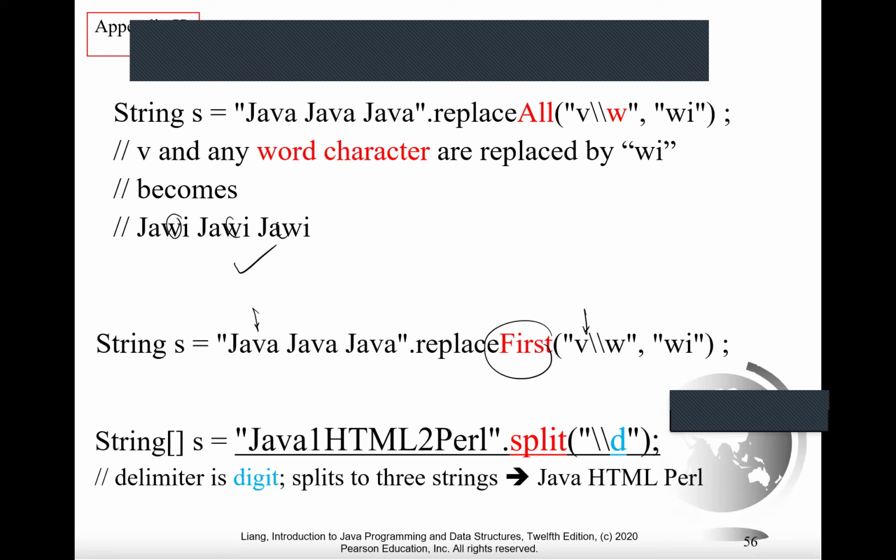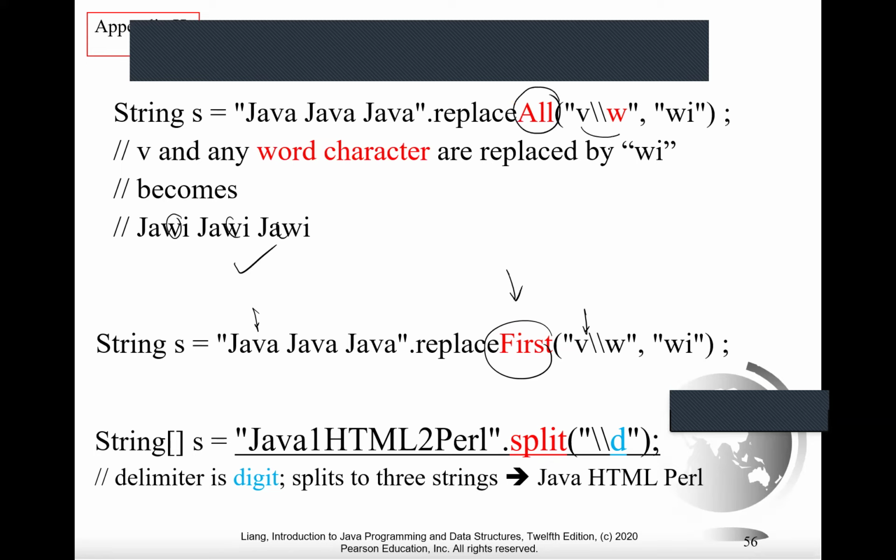Yeah, that's what he's saying. First only. This one is all here. This one is only first. Here he did Java V. He put the V to W, right?